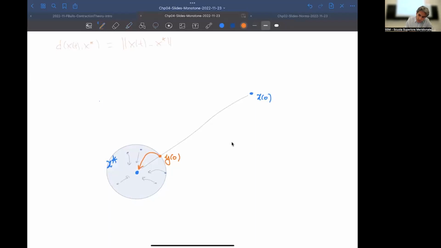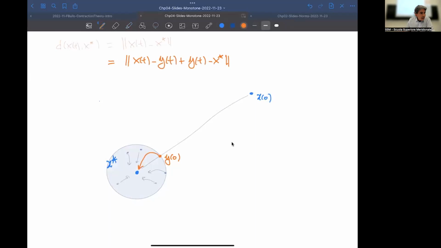So then I'm going to write x at t minus y at t plus y at t minus x star. People say that in mathematics, there are only two tricks: add and subtract 0, multiply and divide by 1. That's a joke, of course.